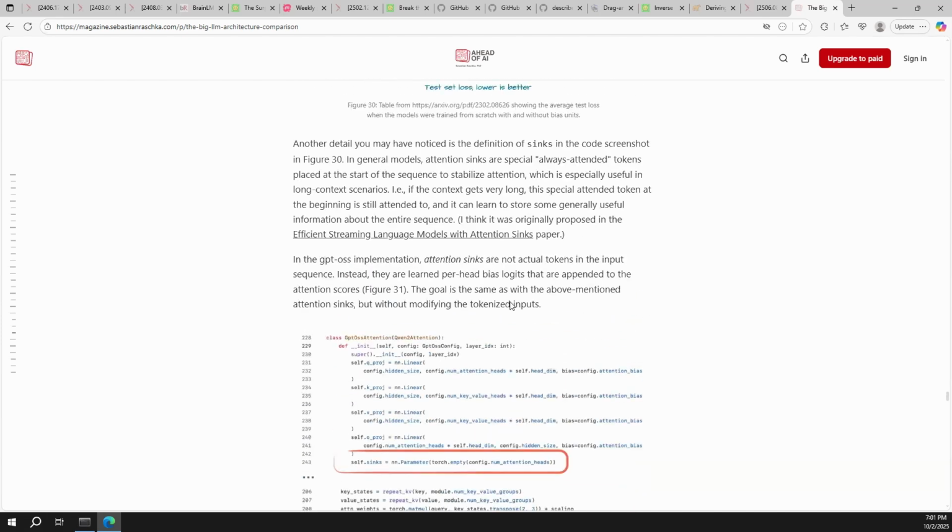But basically, in your standard softmax, you exponentiate the dot products for all of your queries and keys, and then you sum them up on the bottom, and so they all have to add up to 1. And so the attention weights for all of your real text tokens have to sum to 1.